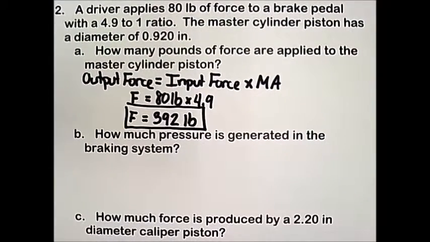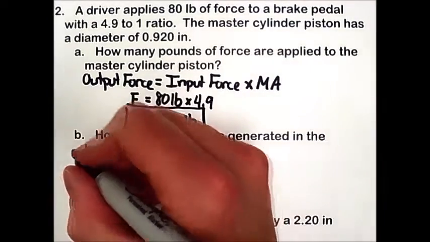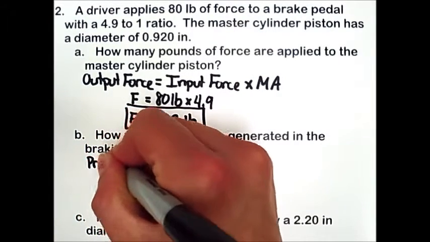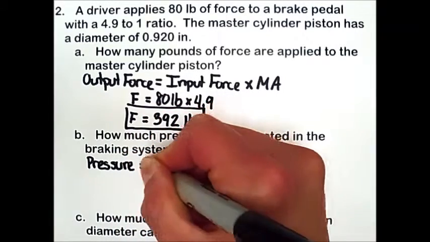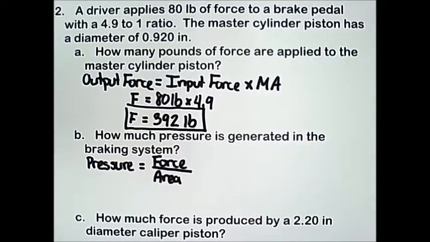The next part asks us how much pressure is generated in the braking system. So again, just like problem number 1 in this unit showed us, pressure is equal to a force divided by the area over which it's applied. In this problem, we know what the force is.